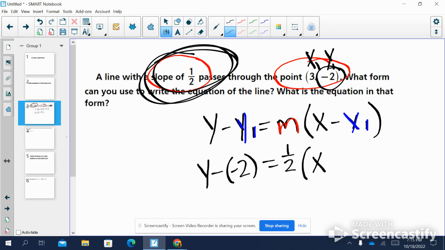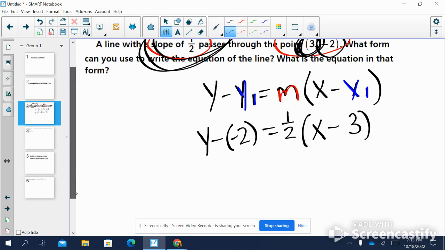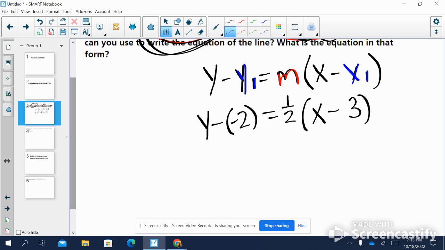Parentheses comes down, the x and the minus come down. Now x1 comes from, again, the point. Our x1 is 3, so I'm going to rewrite it as a 3. Now, as I'm looking at this, it looks a little bit messy, so we're going to clean it up by simplifying. Anytime you see a double negative, you can just write that as a positive, because a negative negates a negative.